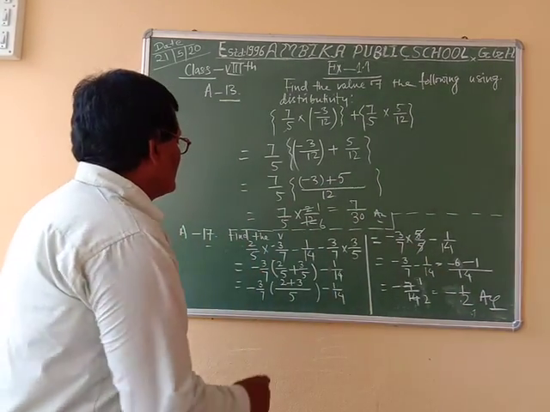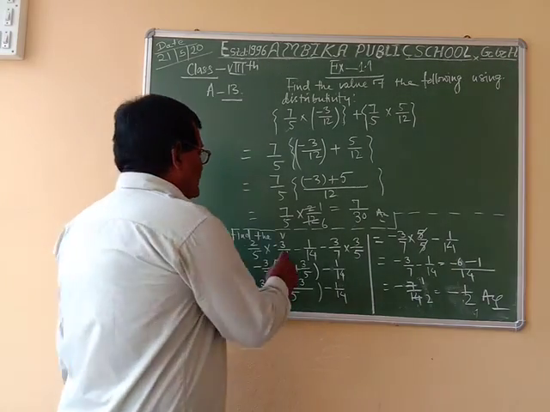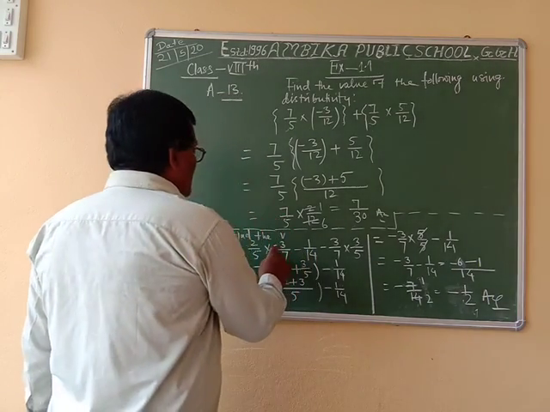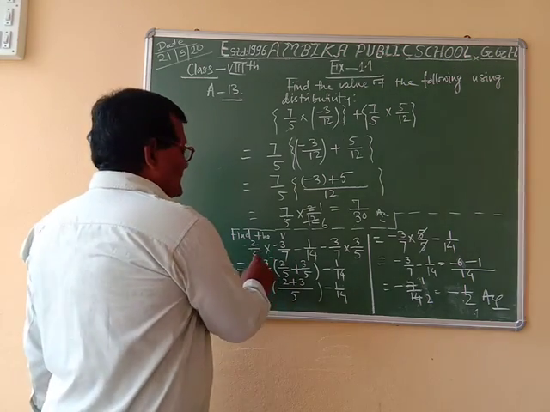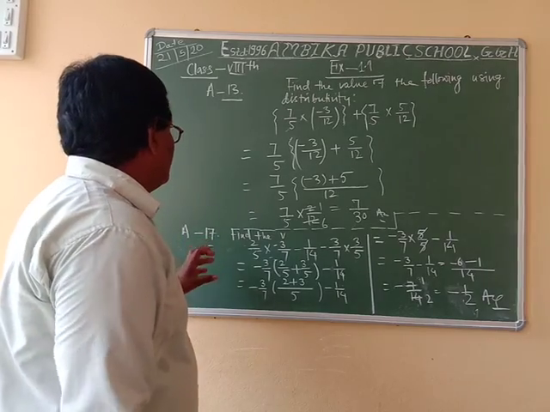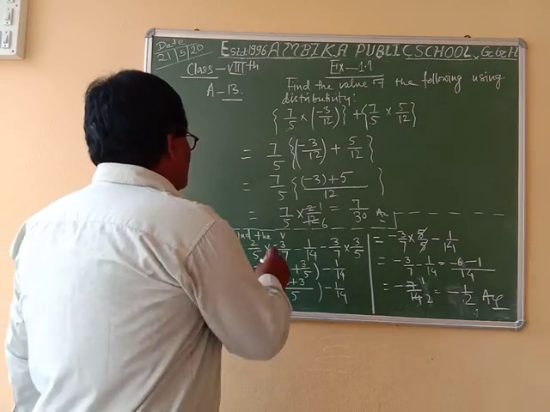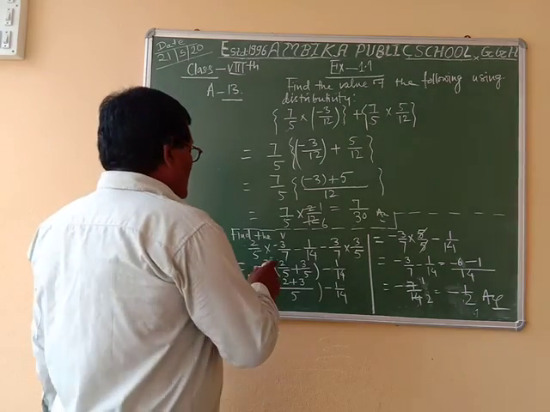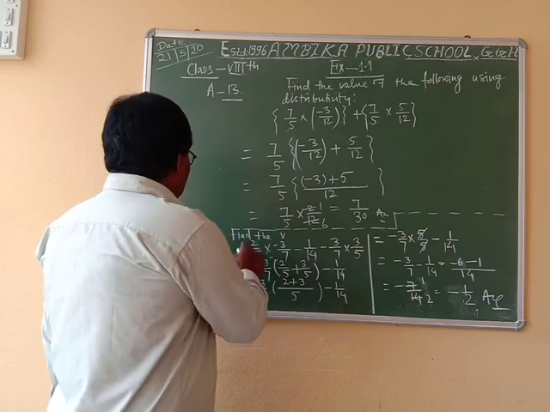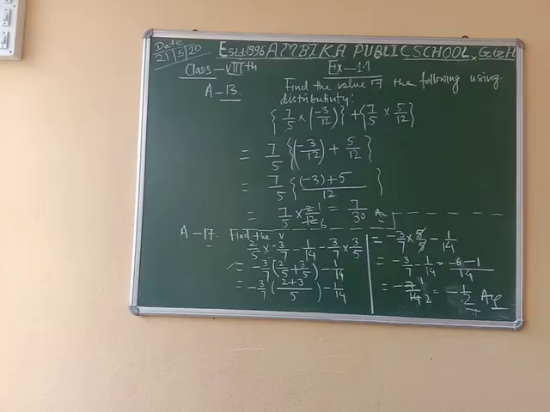So we use the distributive law of multiplication over addition in this problem. The answer is minus 1 by 2.